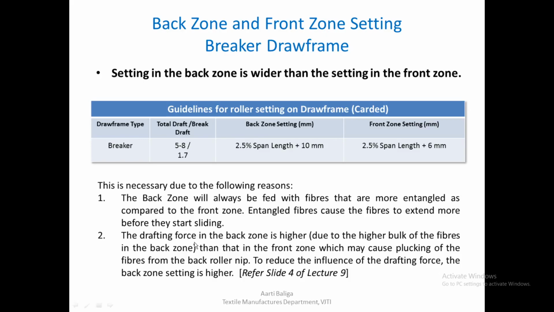So that is why the bulk is comparatively higher in the back zone. Because of this, the drafting force will increase, and that is why there will be some kind of plucking of the fibers from the back roller nip. So to reduce this negative effect of the drafting force, the back roller setting needs to be higher. So there are two reasons why the back roller setting is going to be wider than that of the front zone.